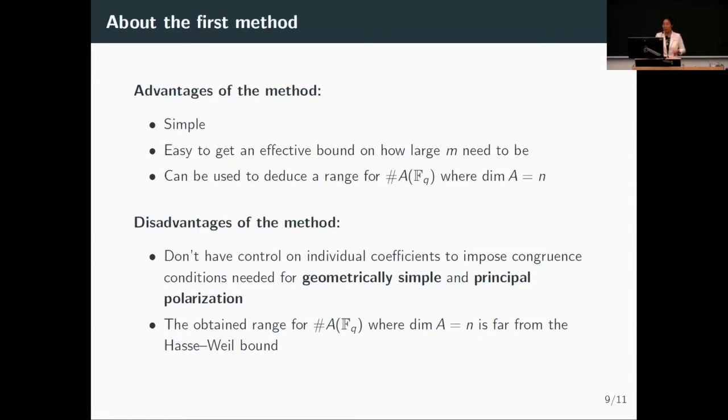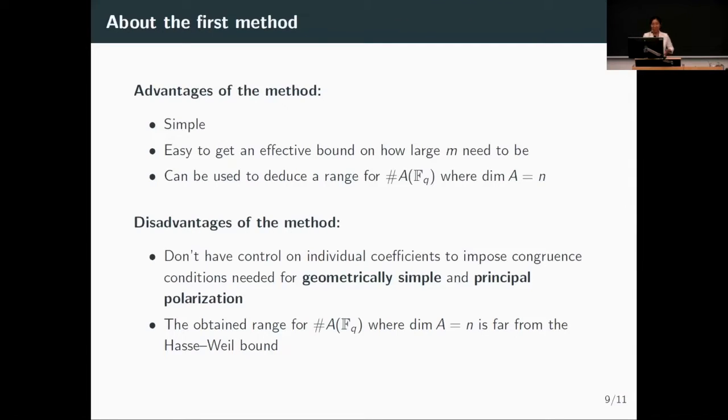But if I want to make sure my abelian variety is also geometrically simple and has a principally polarized isogeny class, you need to essentially control the congruence class of every coefficient, and that method doesn't allow us to do that. Also, the obtained range for the order inside the Hasse-Weil interval is not the optimal one, not the one that I showed you.